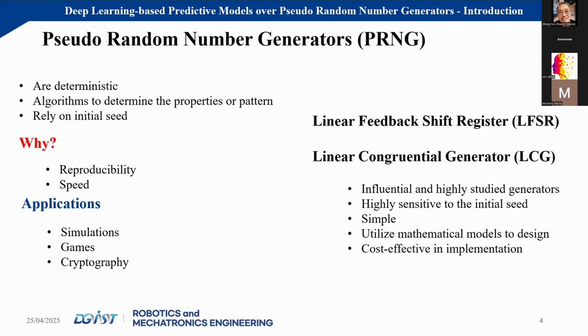We focus on two generators known as linear feedback shift register, also referred to as LFSR in this presentation, and linear congruential generator, also referred to as LCG in this presentation. These are highly steady generators which are sensitive to the initial seed, simple and cost-effective in implementation.